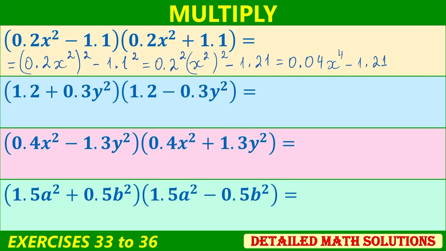Next exercise. Multiply (1.2 plus 0.3y squared) and (1.2 minus 0.3y squared).